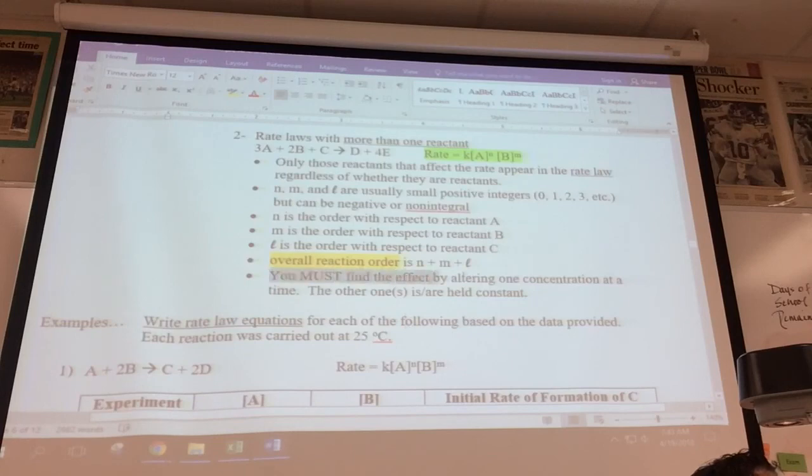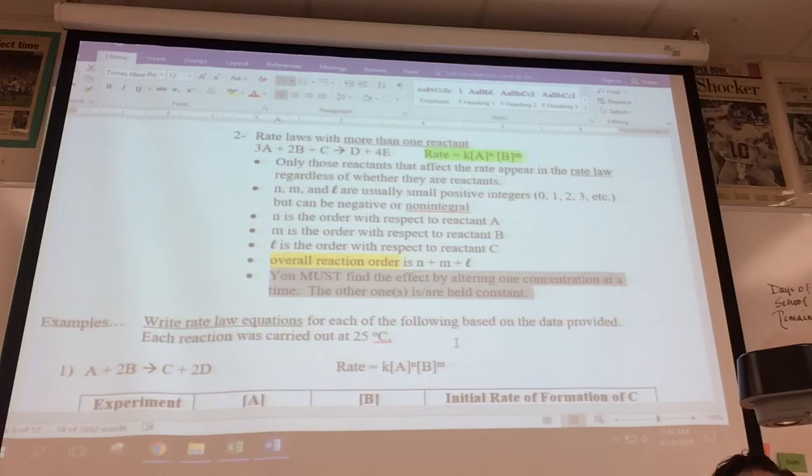The way you figure out how altering a concentration affects the rate is that you look at the concentration that's changing when the other reactant concentrations are held constant. So you're going to hold all reactant concentrations constant except one of them.